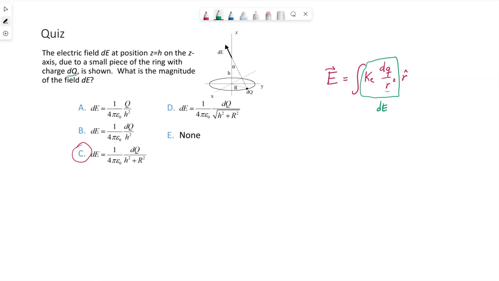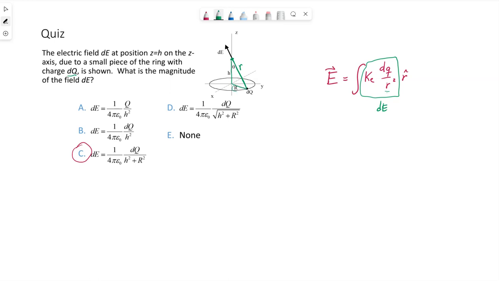R squared is what we would need in the denominator. This is what we mean by lowercase r. It is always the distance from the piece of charge we're talking about at the moment and the point where we're trying to find the electric field. So, Pythagorean theorem, this side is h, meaning how high above the ring along the axis we're talking about.